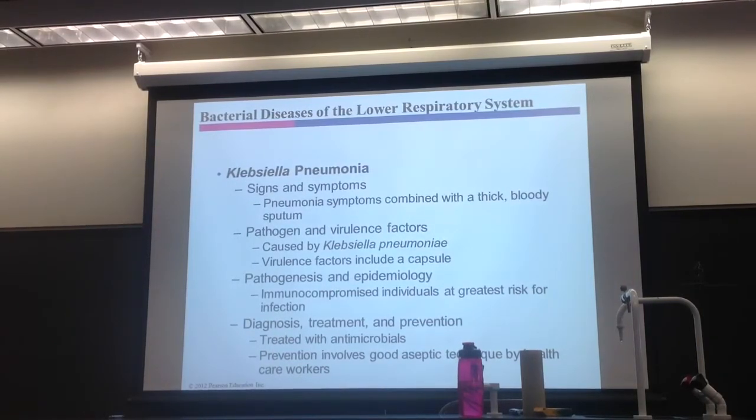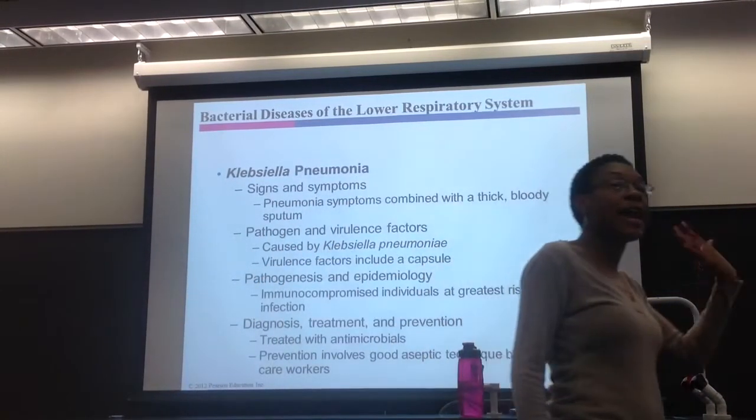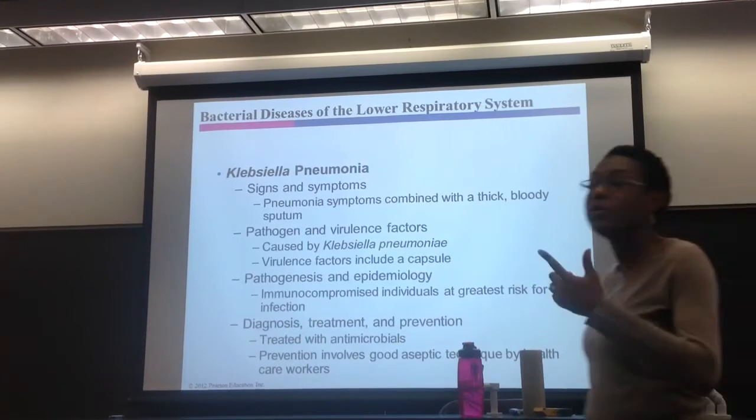The best way you can prevent your patients from getting infected with gram-negative bacteria that can cause pneumonia is good aseptic technique, right? Basically, washing your hands, right? Because these types of pneumonias are found in the hospital, okay? And these types are the most deadly. They are the most deadly because they're gram-negative caused, not gram-positive. They lead to death because they have endotoxin release.